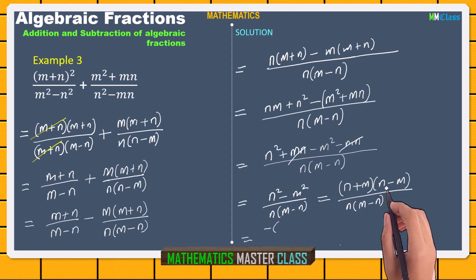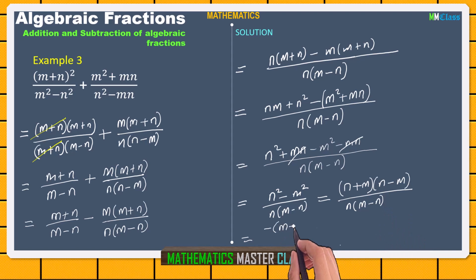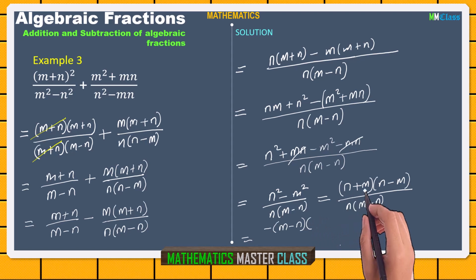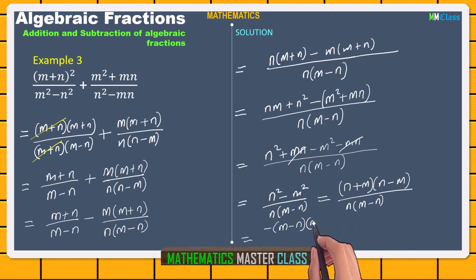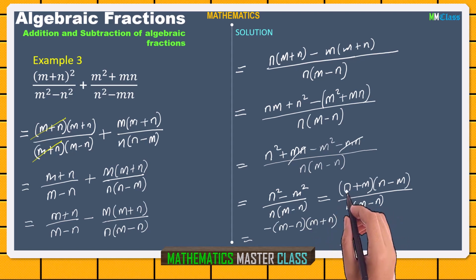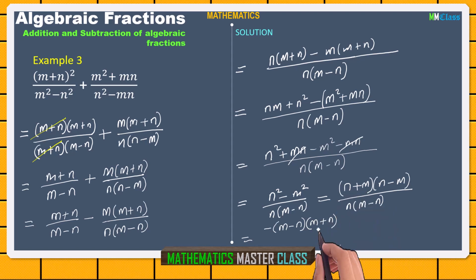This one we now rewrite as (m minus n) times this one. n plus m is the same thing as m plus n. So take note of that. Then we can now write the denominator as n(m minus n).